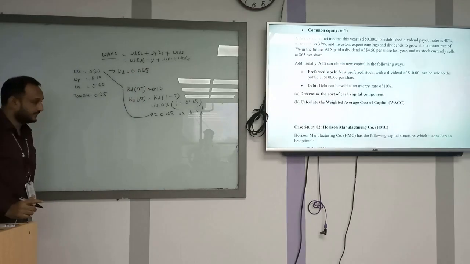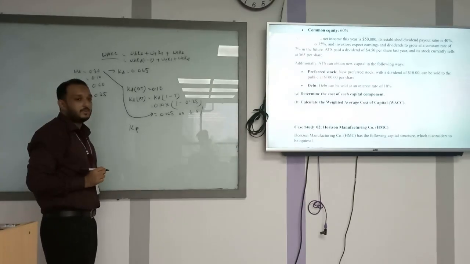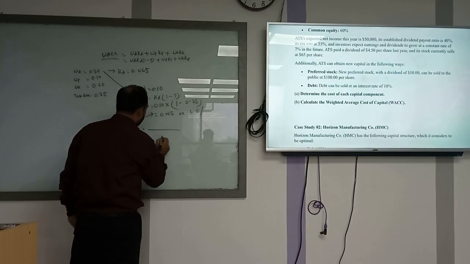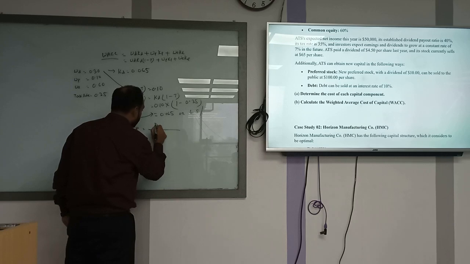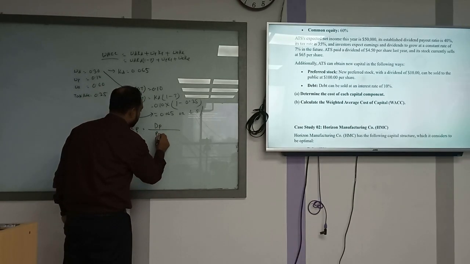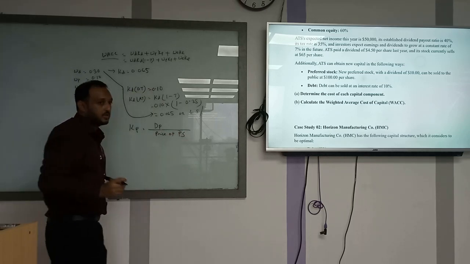Done. Now I need KP, the cost of preferred stock. For this, what you need is the dividend of preferred stock and the price of preferred stock.